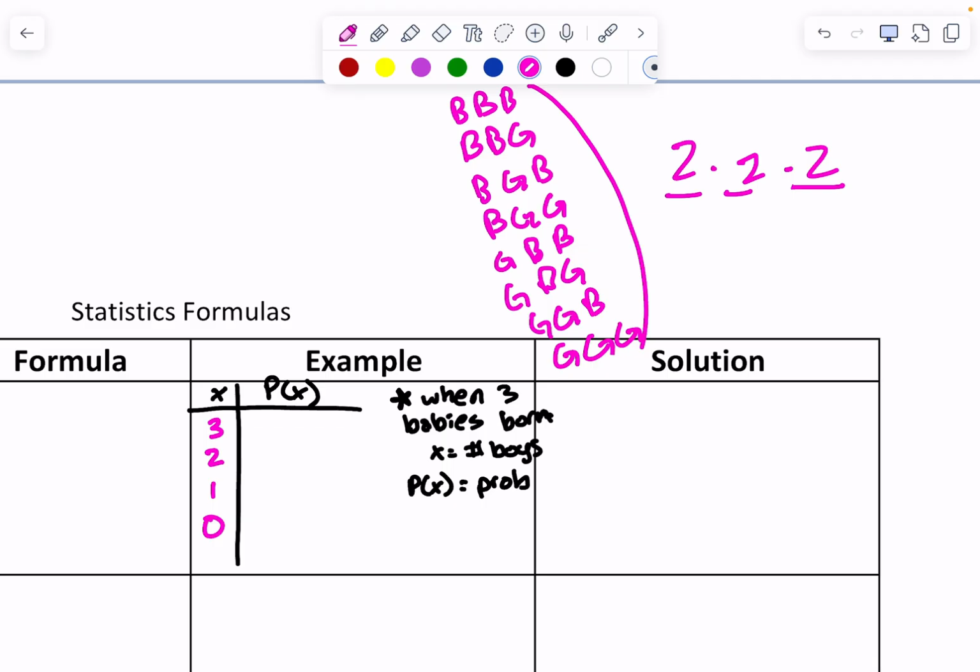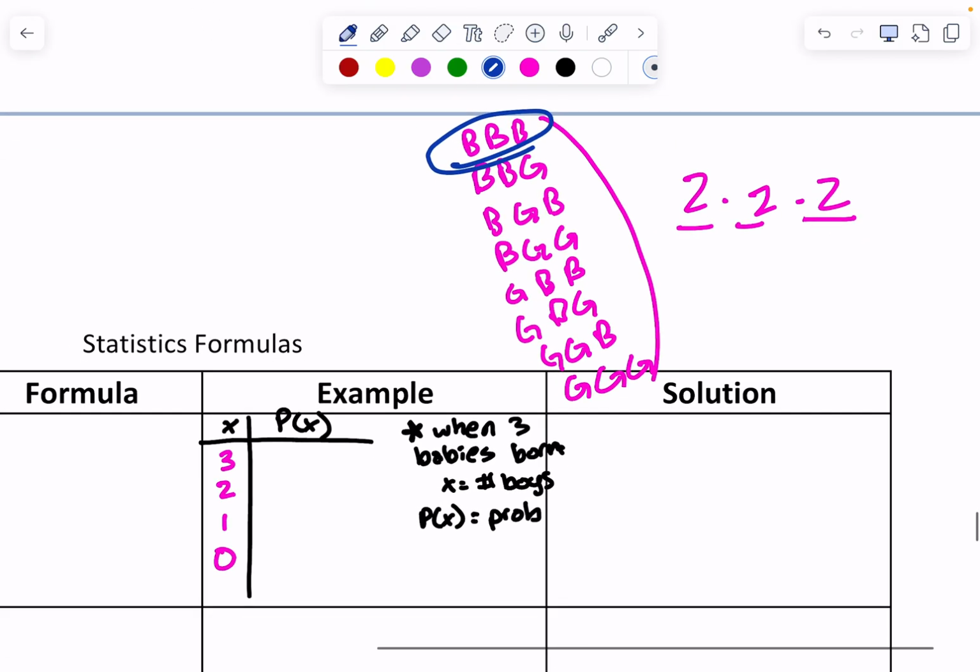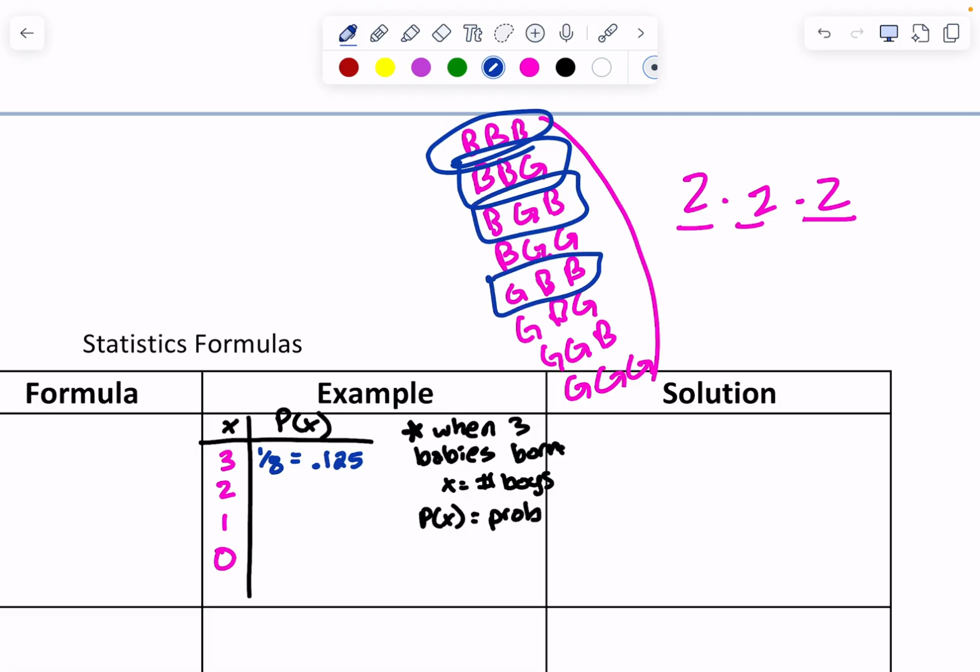Assuming that boys and girls are 50-50, what's the chance of having 3 babies born boys? 1 out of 8. There's only one combination that will give me 3 boys. 1 out of 8 is 0.125. How many will give me 2 boys and 1 girl? 3 out of 8, that's 0.375.